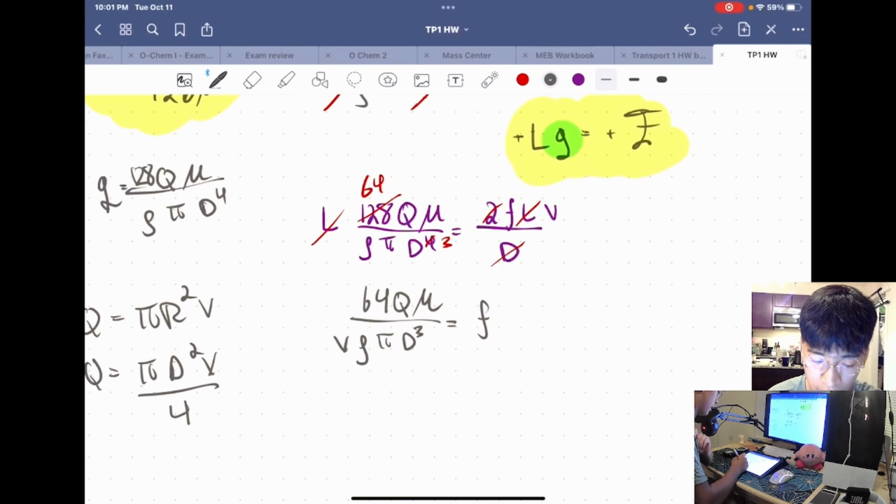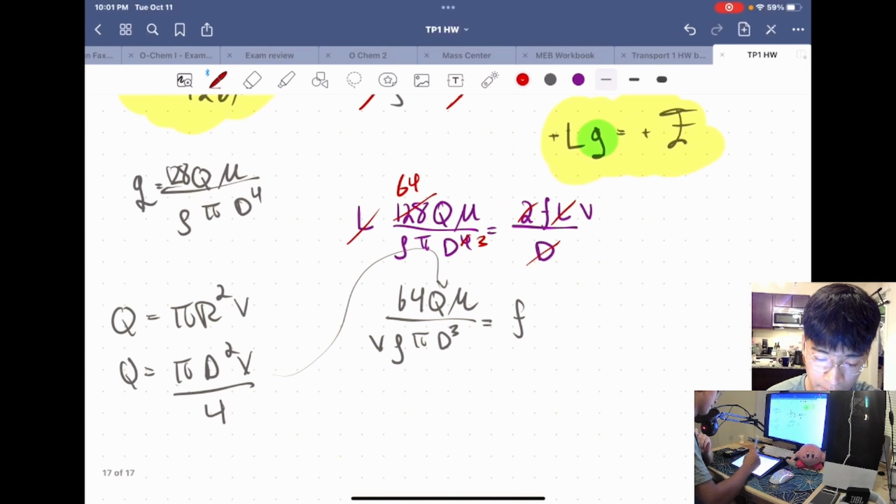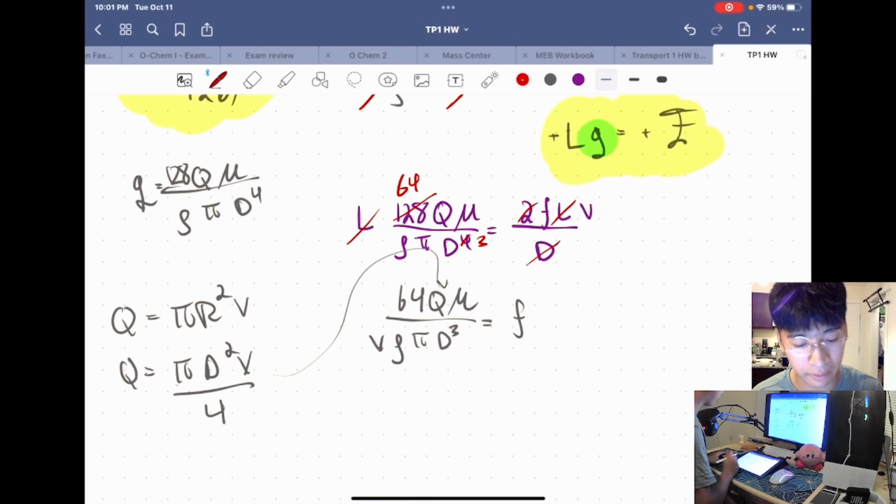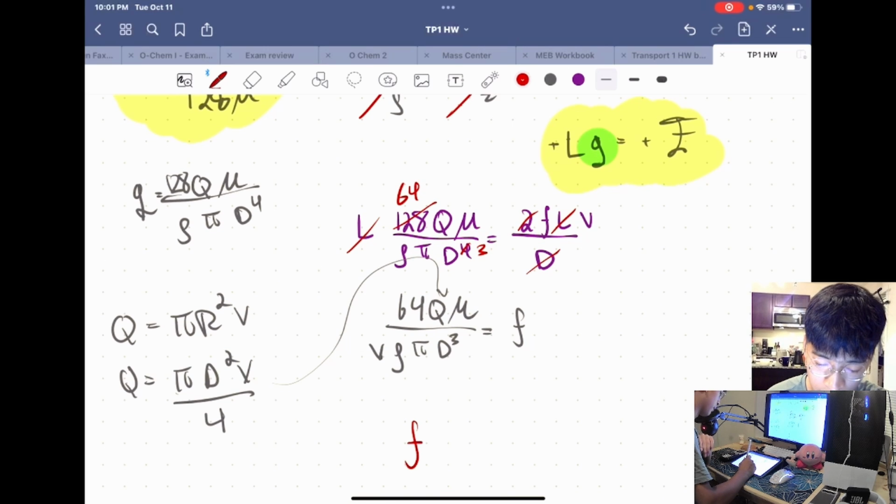And if you plug Q in there, we have 64 divided by 4 is, hey, 16. F is equal to 16, right? Our velocities cancel out.